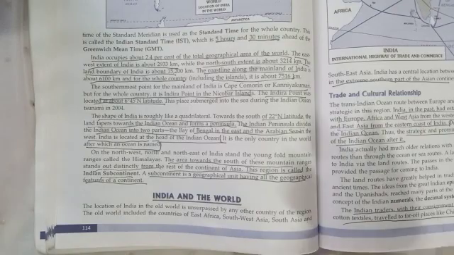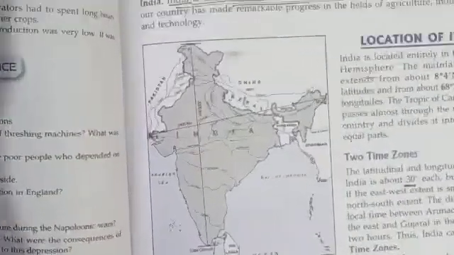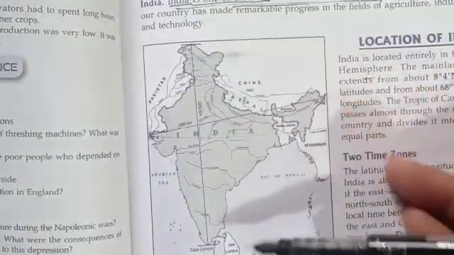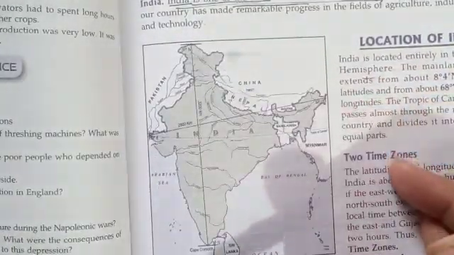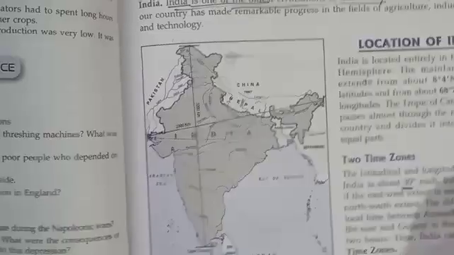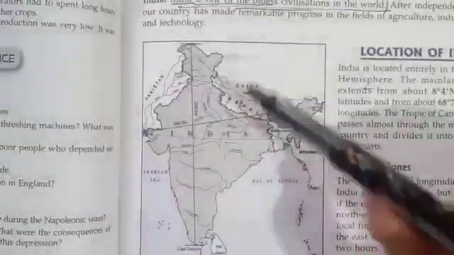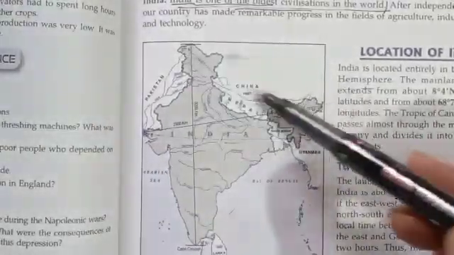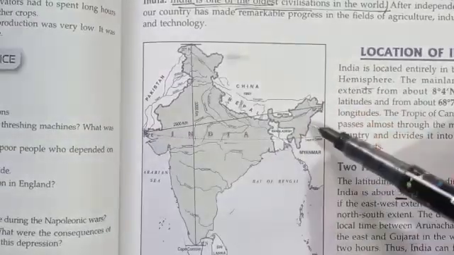The east-west extent of India, from east to west, is about 2,933 kilometers, and from north to south it is 3,214 kilometers. Next is the land boundary of India, which is about 15,200 kilometers.